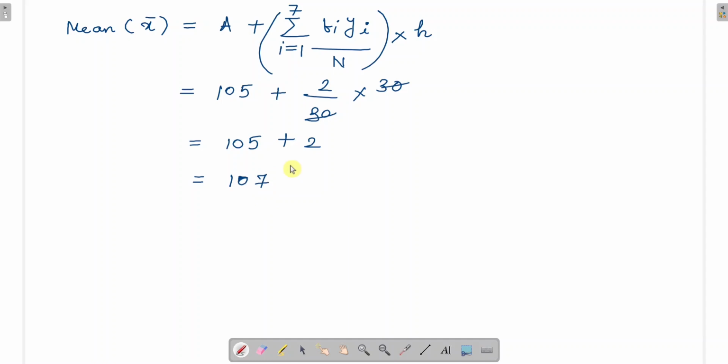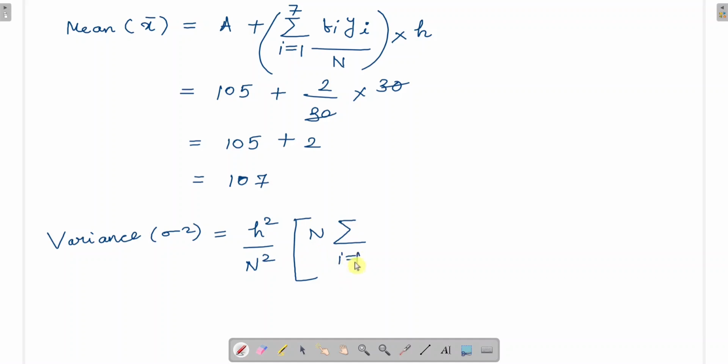Now we can find the variance. So variance, that is sigma square, is equal to H square divided by N square into N summation i going from 1 to 7 Fi Yi square minus summation i going from 1 to 7 Fi Yi the whole square, right?